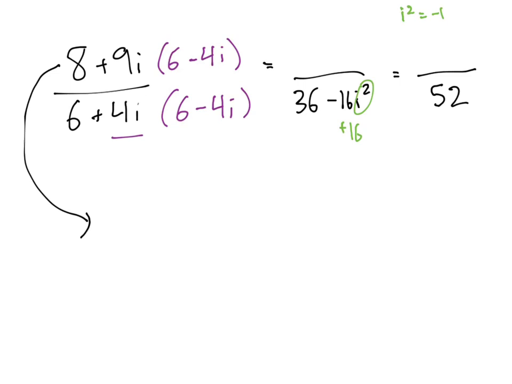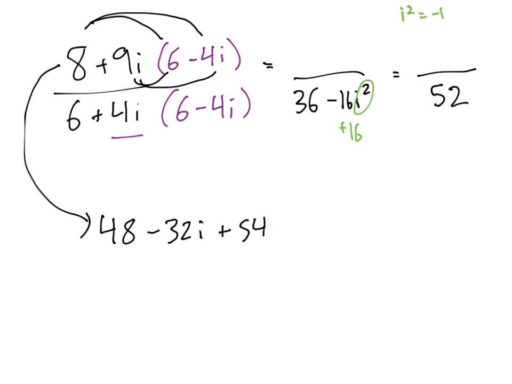And when we're multiplying two complex numbers that are not conjugates, we need to go through and distribute every term times every term. 8 times 6 is 48. 8 times negative 4i is negative 32i. 9i times 6 gives us 54i.